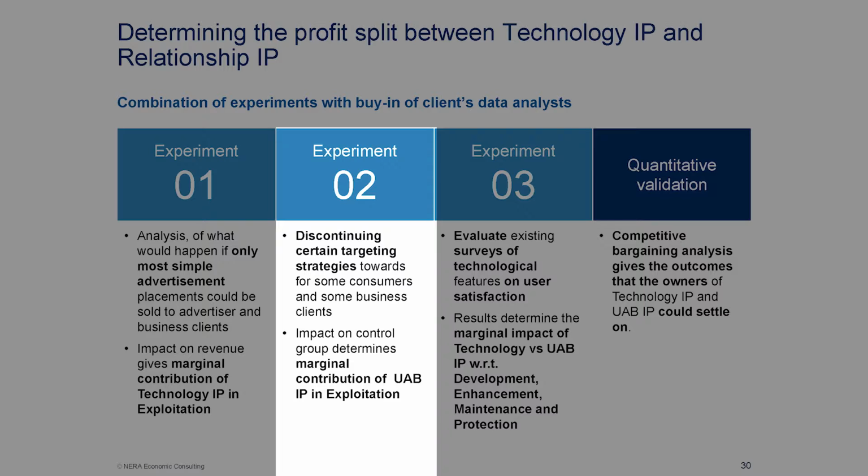You take out certain information that you do not share, and then you see how much less effective your technology solution becomes. And from this you can derive again what's the marginal impact of having very sophisticated, extensive user base information.